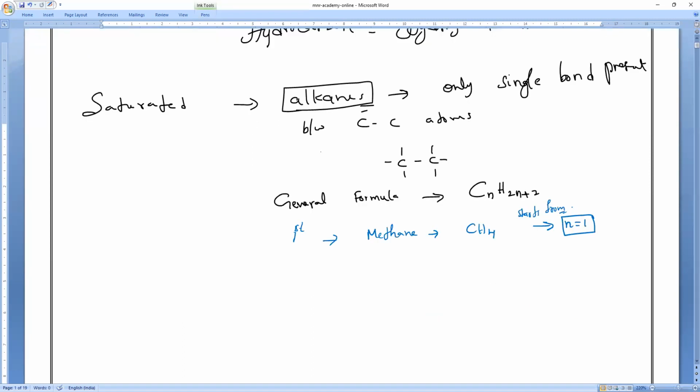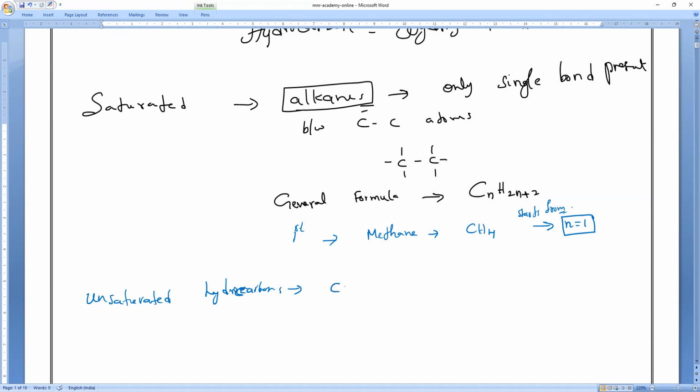Next, after saturated, the unsaturated hydrocarbons. Unsaturated hydrocarbons are of two types.